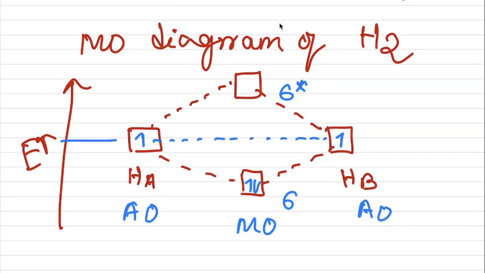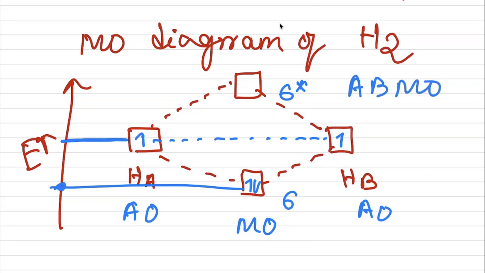So always you can see the energy of the atomic orbital here, and the energy of the MO is here. So obviously the energy of the bonding molecular orbital is lower than that of the atomic orbital, and the energy of the antibonding orbital will be higher than that of the atomic orbital.